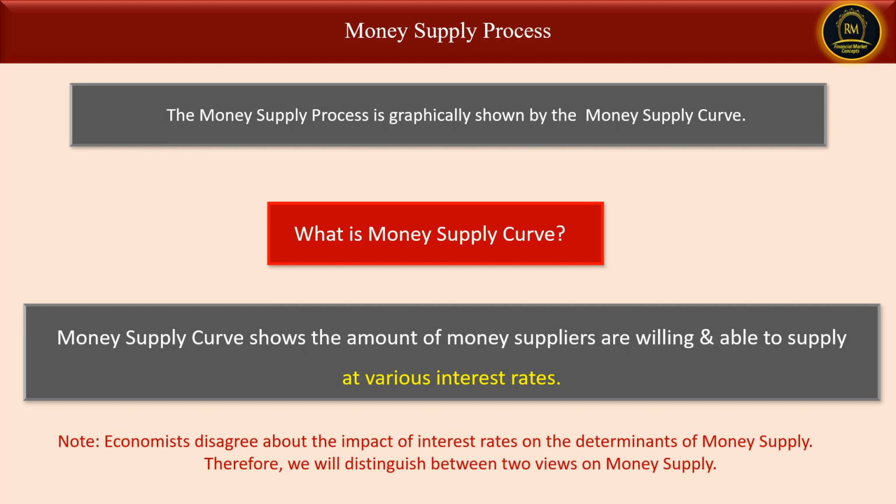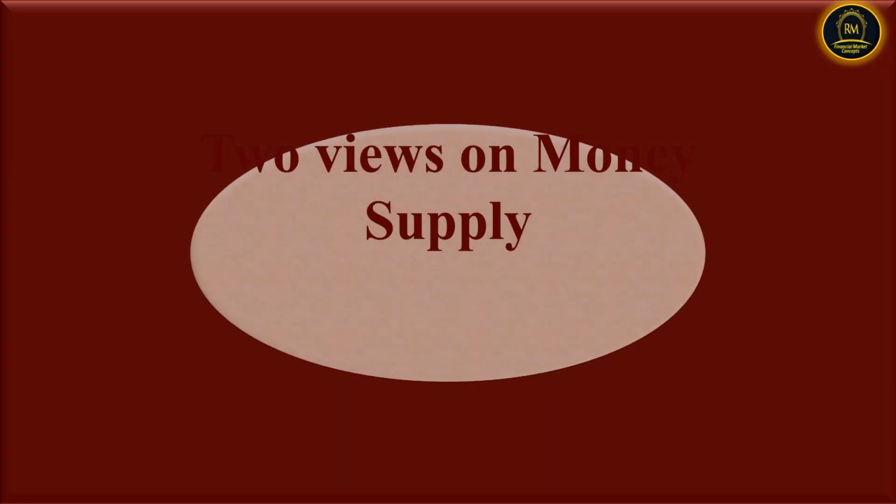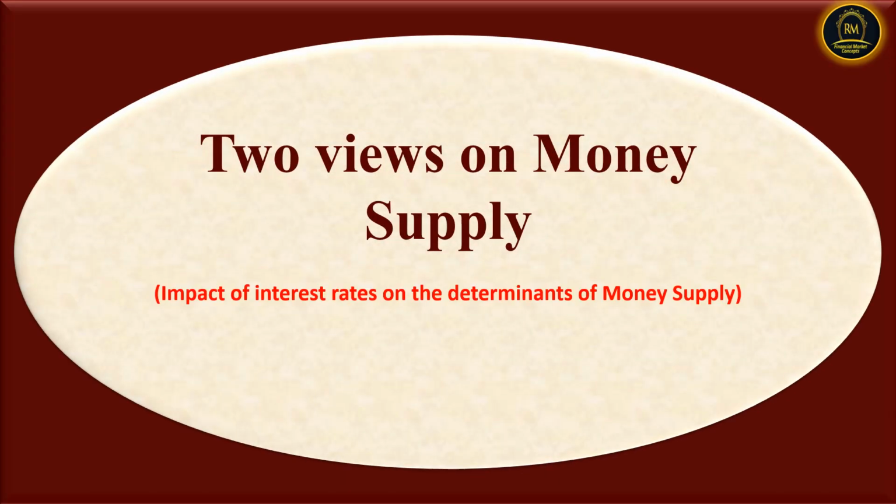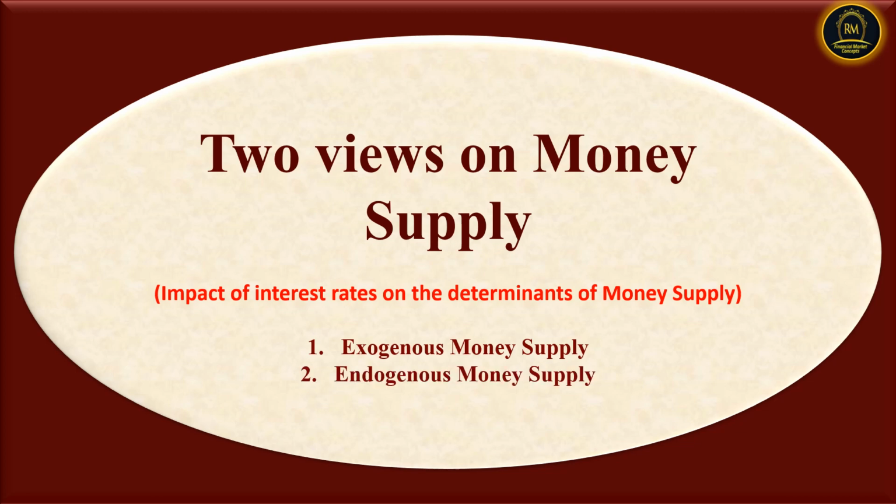Now it is important to note here that the economists disagree about the impact of the interest rate on the determinant of money supply. Therefore, we will distinguish between the two views on money supply. On the basis of the impact of interest rate on determinants of money supply, there are two views on money supply. Number one is exogenous money supply and number two is endogenous money supply.